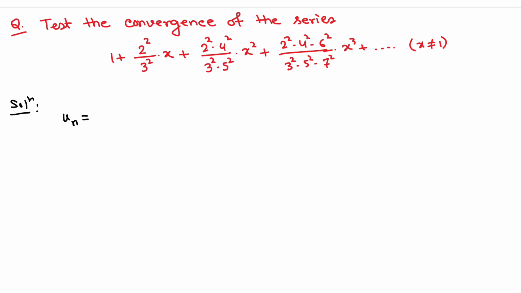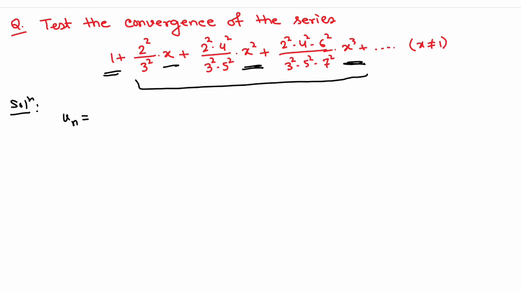So obviously you have to start from n equals to 1. Here you can see this is x, this is x square, this is x cube. So from this term you are getting n equals to 1, but what will be this extra term 1? Actually all these terms follow a special pattern, but this term is not following the pattern.